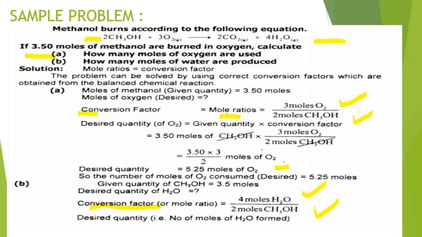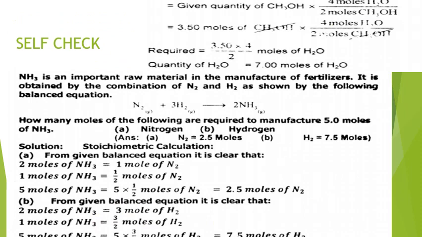Okay, now what you have to do, again apply the formula. Desired quantity is required of water, that is how much it will be produced. Here the formula is given to find out the desired quantity of water, as it is given that the given quantity of moles of CH3OH is 3.50 multiplied by the conversion factor, and the conversion factor is 4 upon 2, that is the amount of the substance required divided by the given amount of the substance from the balanced chemical equation.